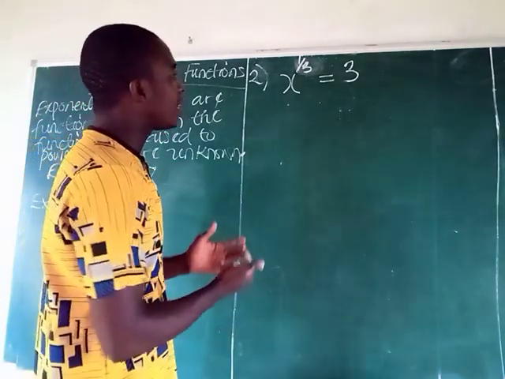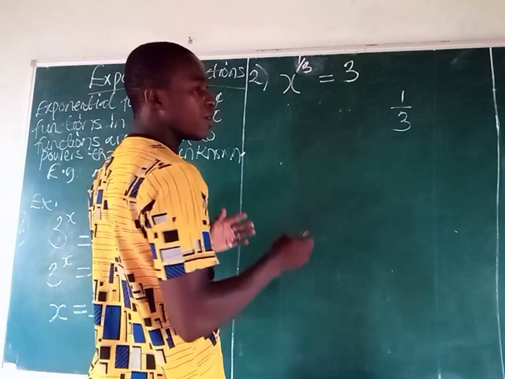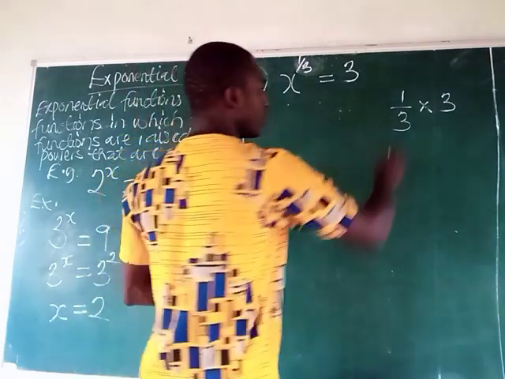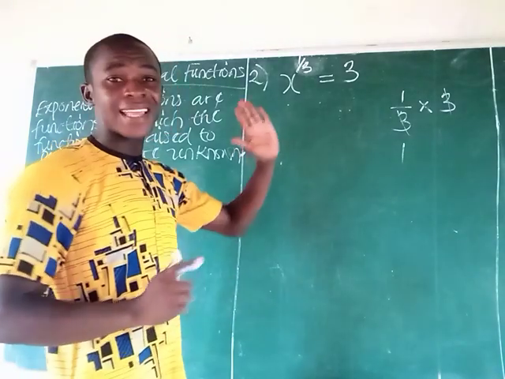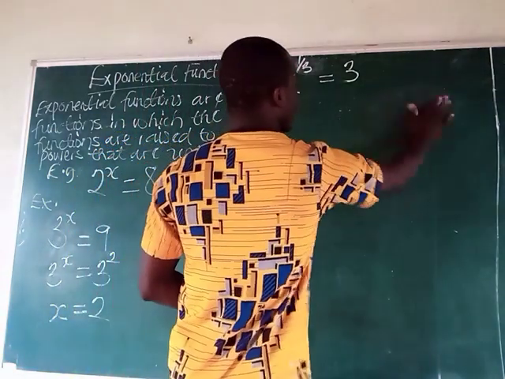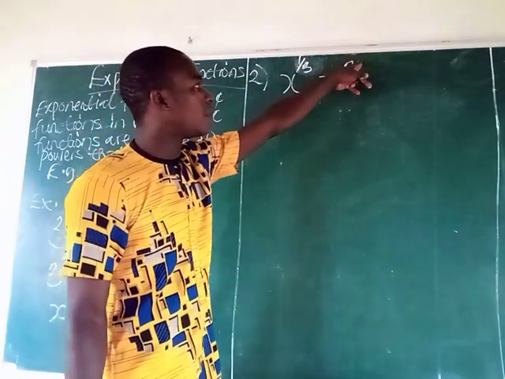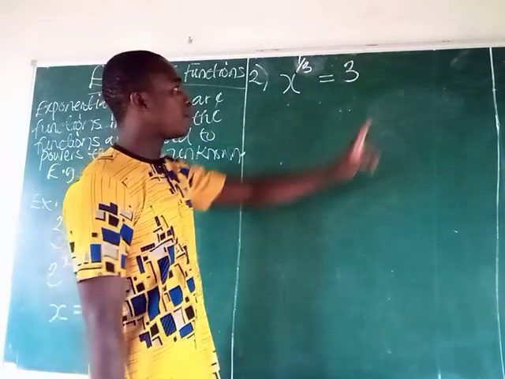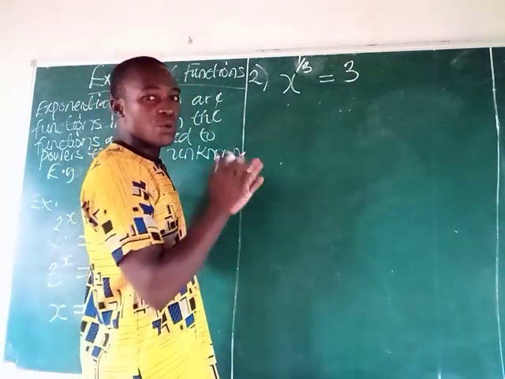Remember this is 1 over 3, and if I multiply this with 3, I automatically have 1 here. But remember, in an equation, whatever you do to the right hand side, you also do to the left hand side. So you multiply this power with 3, and also multiply the power on the other side with 3.